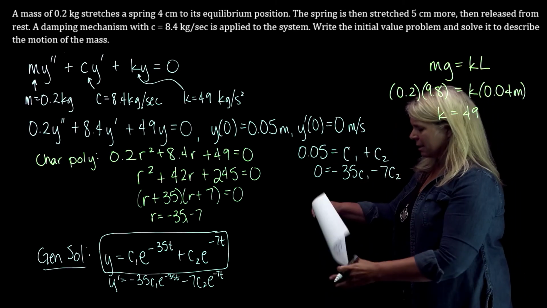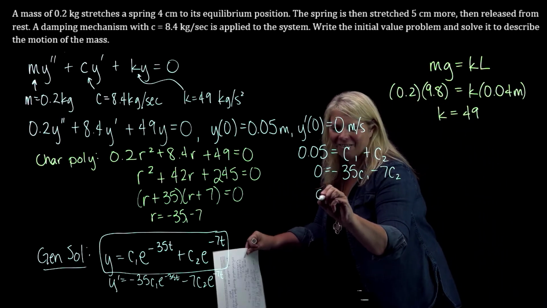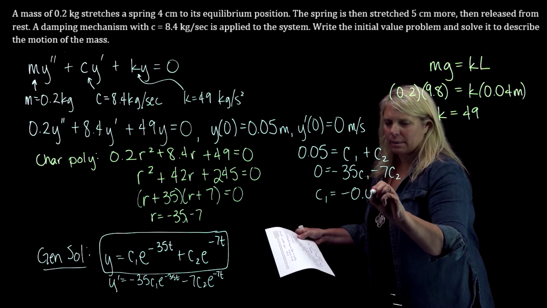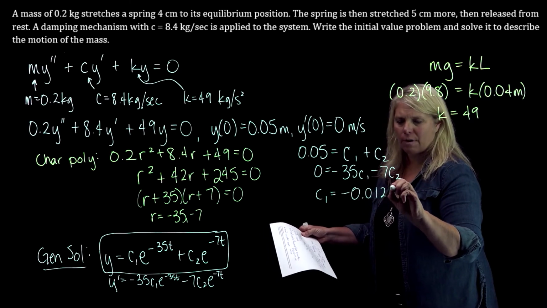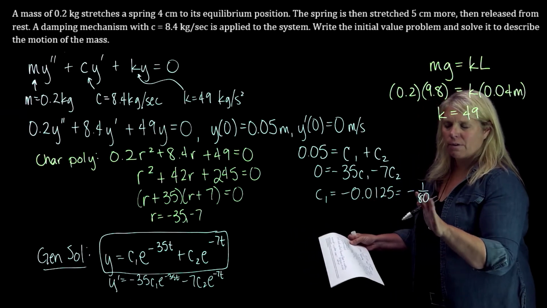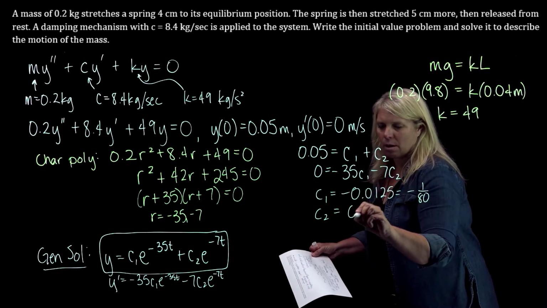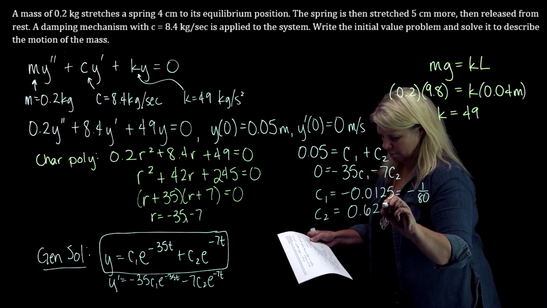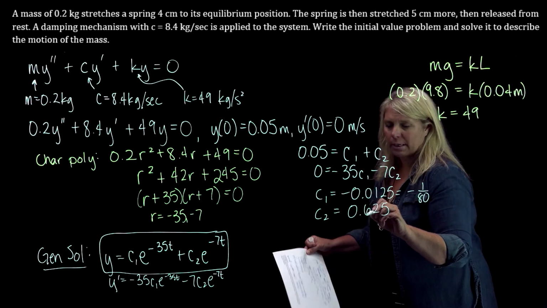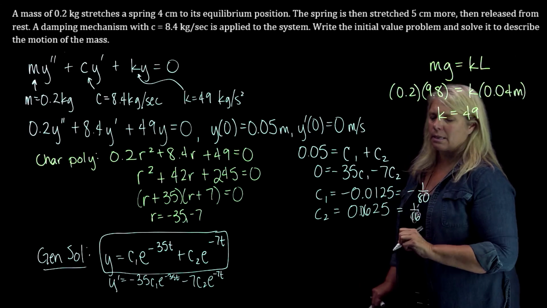To solve that system, which I did separately, I got my c1 is negative 0.0125 or negative 1/80th. Either one is fine. C2 is 0.0625, which is 1/16.